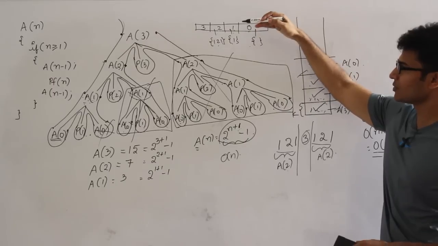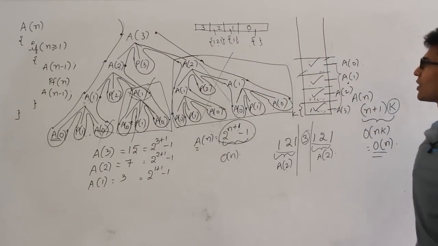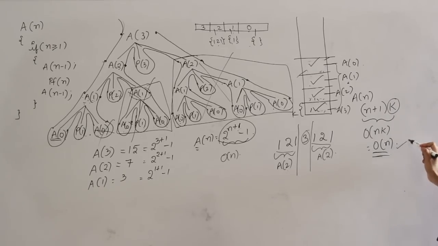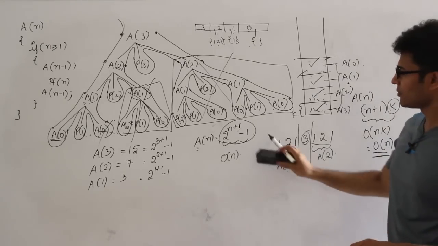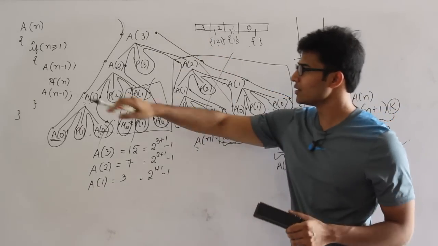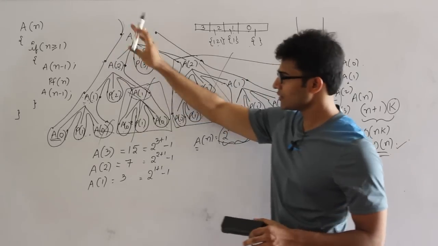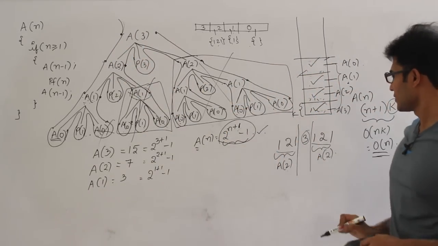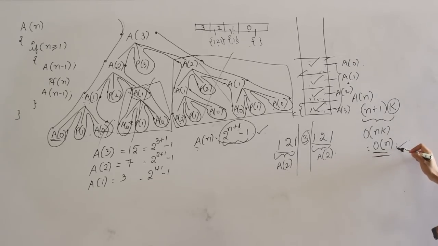Therefore this space has to be included. But without dynamic programming, if I use only the stack, then the space complexity is order of n, right? So anyway, if that program is executed without any modifications, without writing any snippets here, or without using any table, the number of recursion calls is order of 2 power n plus 1, and the space complexity is order of n.